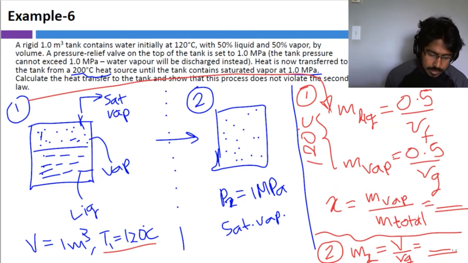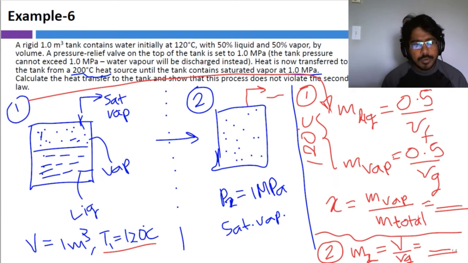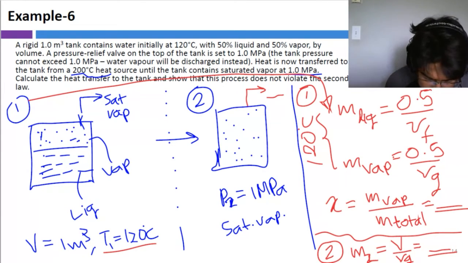So some portion of substance left the system as saturated vapor, and the question says only saturated vapor is going to leave the system, and the pressure relief valve is set at 1 megapascal.